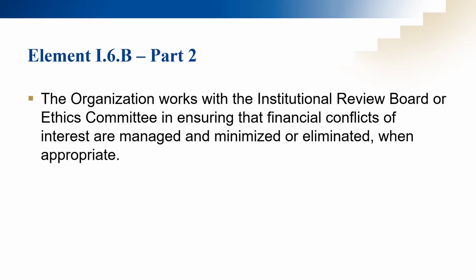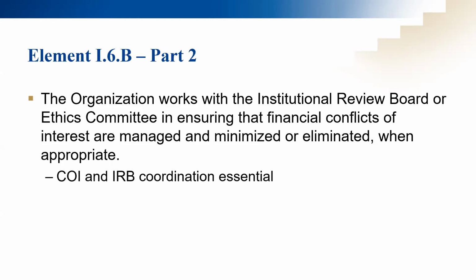protection program are. So this really suggests that it's important that there's communication across these two areas of the organization. So the conflict of interest office, the IRB coordination, is essential and can be accomplished in many different ways.